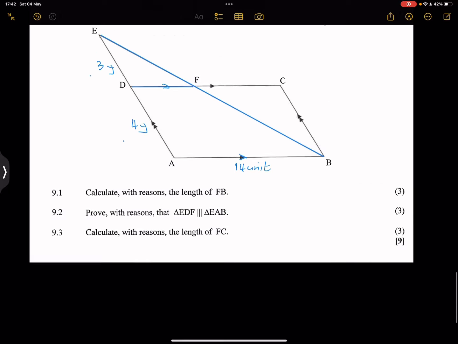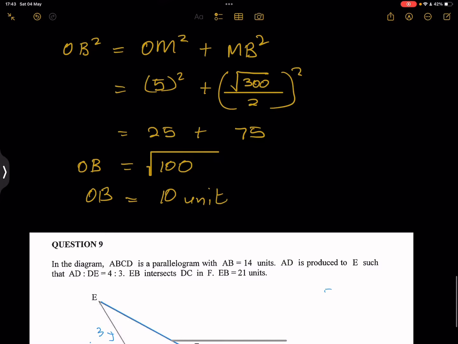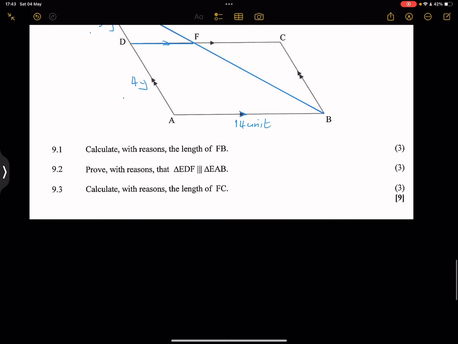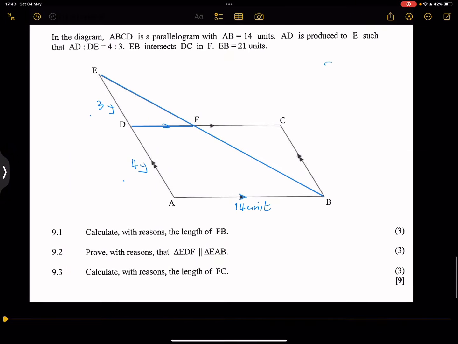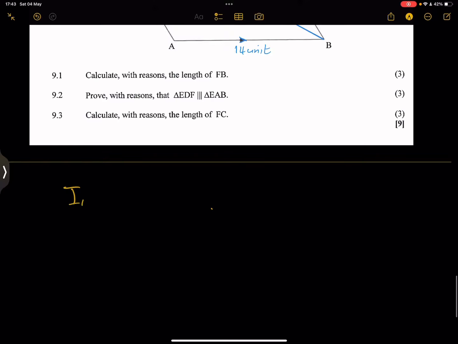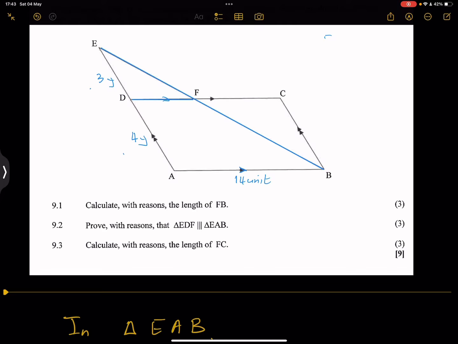So I'm going to simply say, ladies and gents, that I am going to have, in triangle EAB, right? So I'm working in triangle EAB.